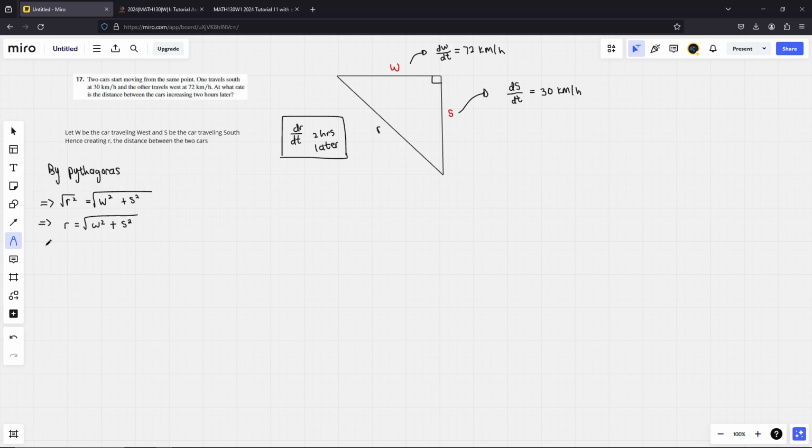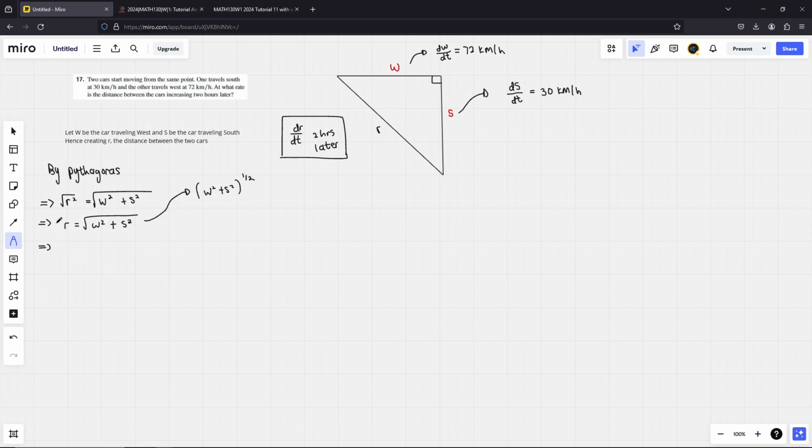So let's take the derivative with respect to time, which is going to give me dr by dt. But before I do that, notice how I can just write this as w squared plus s squared to the power half, and that's going to make it easier for me to differentiate.